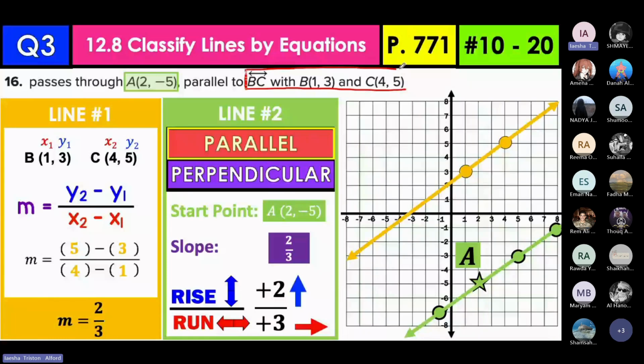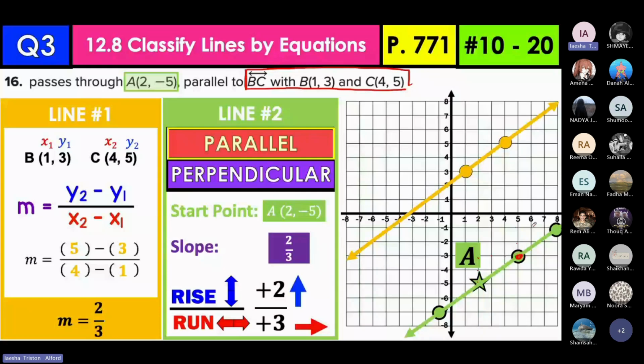They give you 2 points. This is the line they give you. They want you to make another line, parallel, that goes through just 1 point. How do you make the line? You use the slope. From the start point, you go up 2 and right 3.